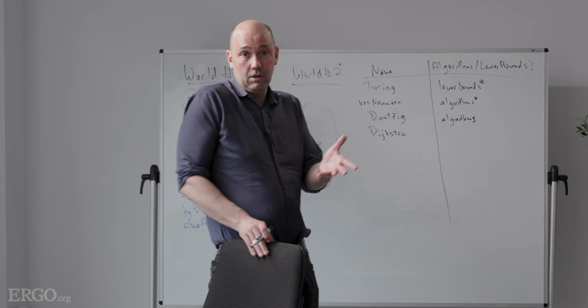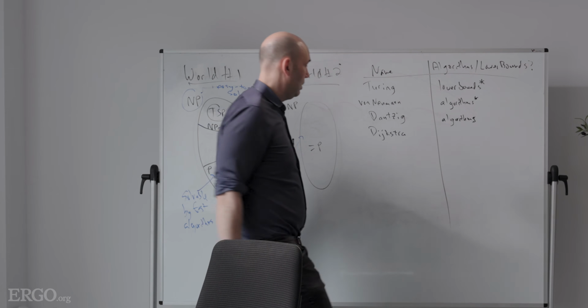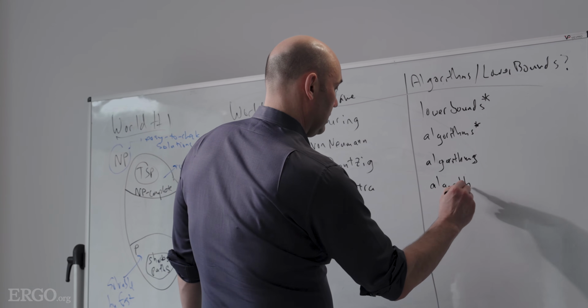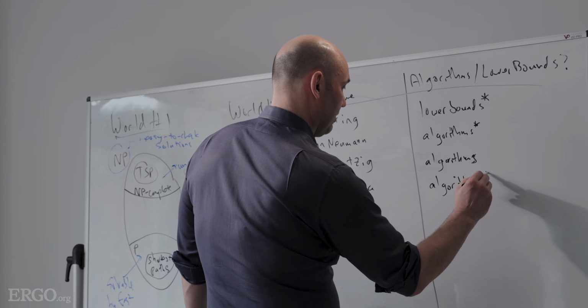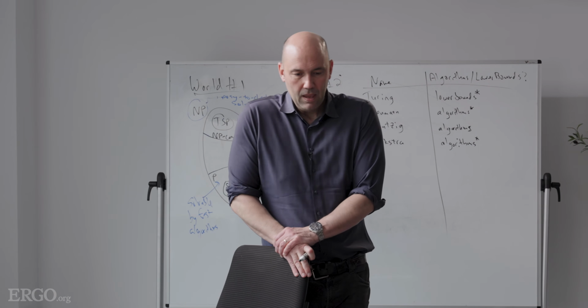He did a lot of other stuff. In particular, for our purposes, he came up with Dijkstra's algorithm for computing shortest paths. So let's put him in the algorithms camp, and maybe again with an asterisk just to indicate the breadth of his contributions.